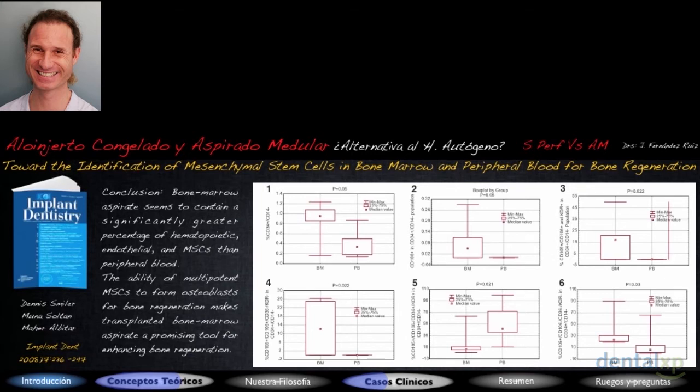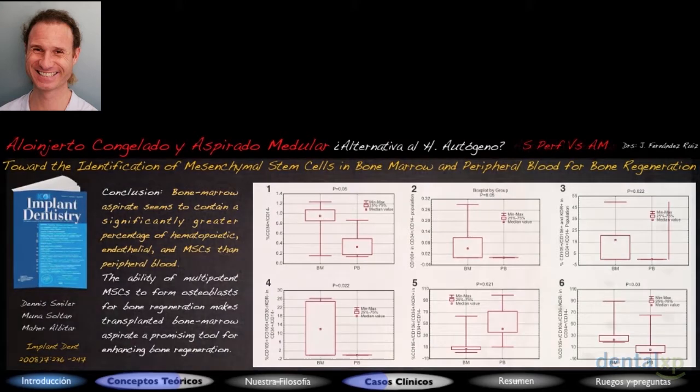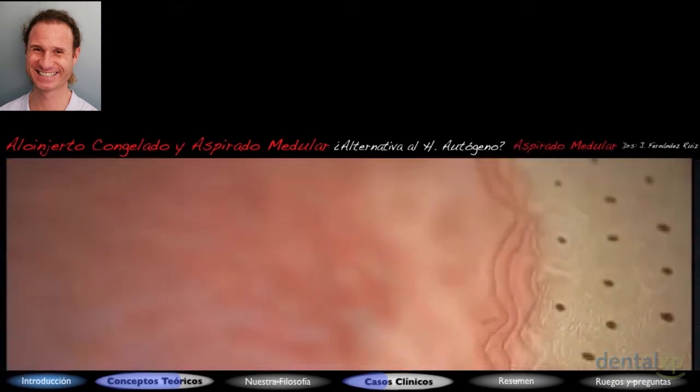So the use of bone marrow has been considered as an alternative with which we can generate new bone formation. And as we can see in this video, we can see what we're looking for, which are the cells that have the capacity of transforming into new bone formation.